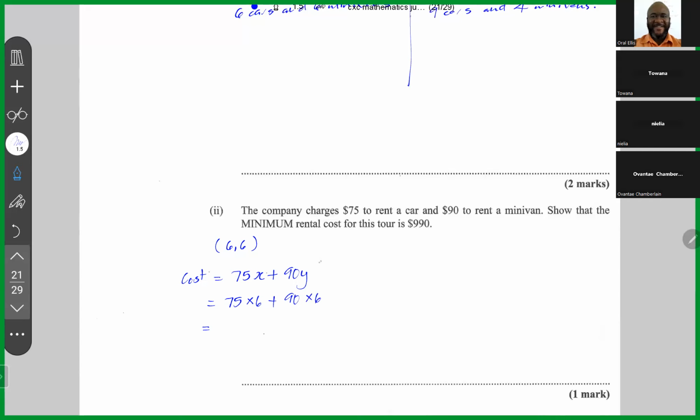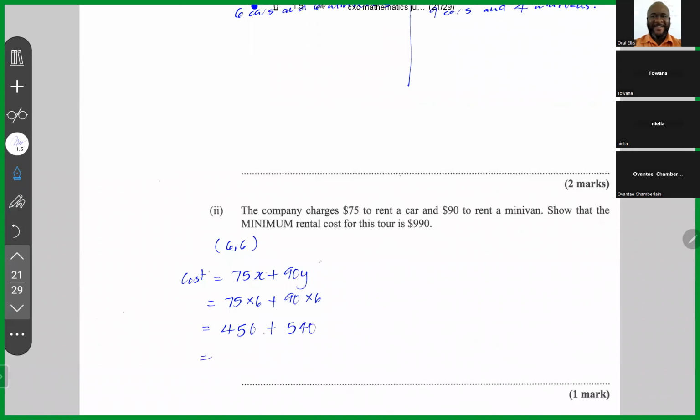All right, let's see how much money this is. $75 times 6, that's $450, plus 90 times 6, 540.